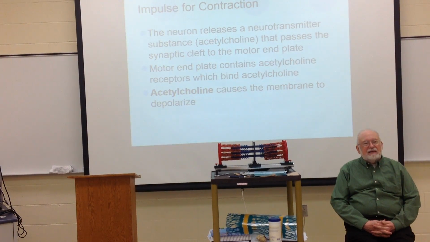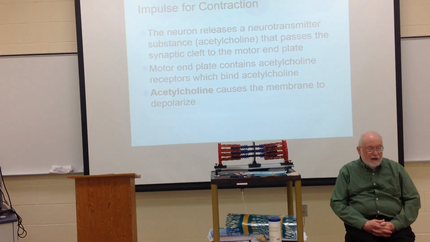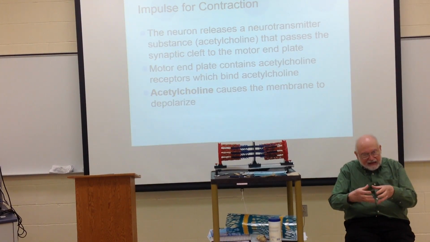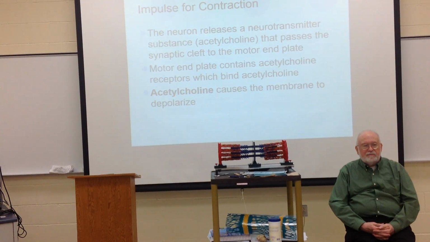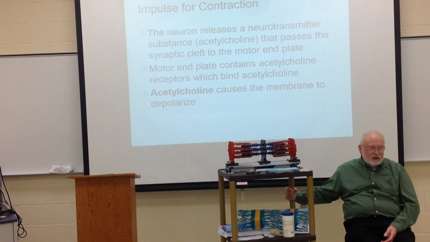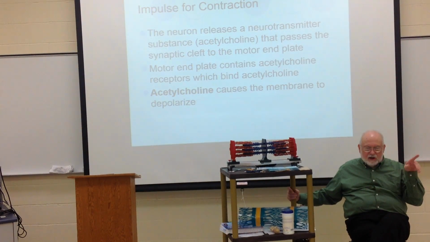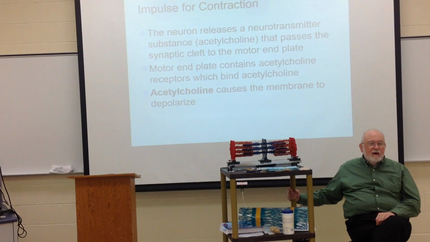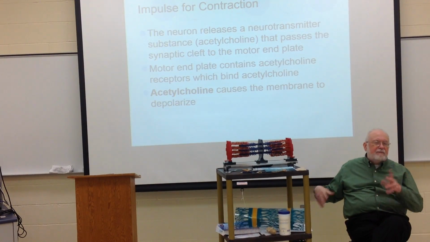All right, so the acetylcholine goes across the synaptic cleft. It binds to acetylcholine receptors in the motor end plate of the muscle. What happens to the membrane in that sector of the muscle? It depolarizes. What did we say depolarization meant? Changing what? The charge goes from negative to positive. Why? Because in that area sodium ion channels popped open and let sodium in. All right, now, that area depolarizes first, but what happens with that depolarization?